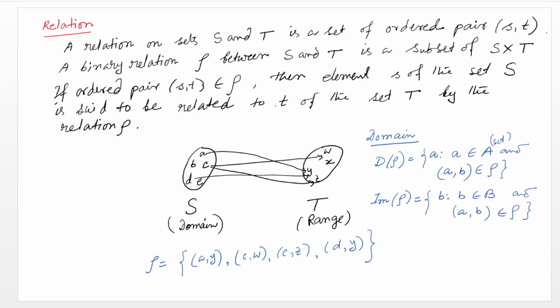We will give another example. Let A be a set having elements 2, 3, 5, and 6, and B be another set having elements 8, 10, 13, and 20.